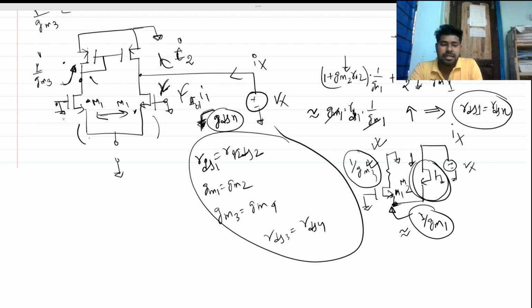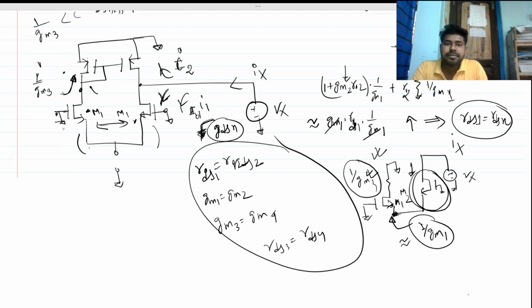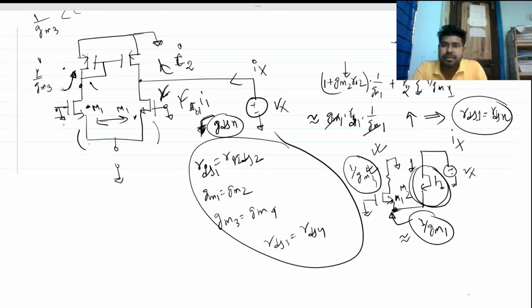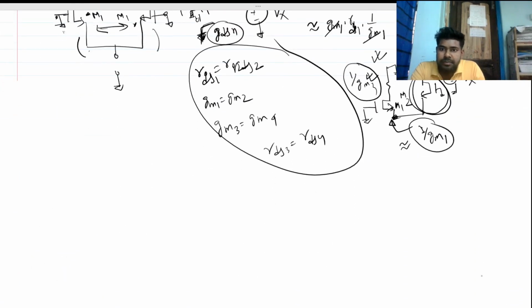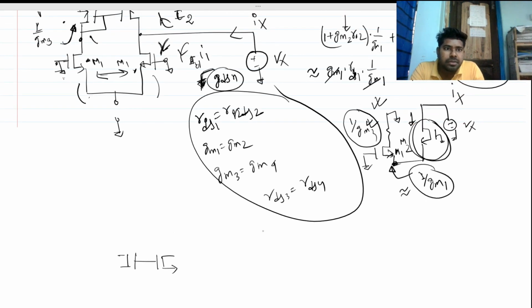Now we have to look at the upward direction. Okay, let me do that again. Actually, I am doing something wrong. I have made a mistake here, because this term will be effectively this, but RO2 is also present, so we have to add it.